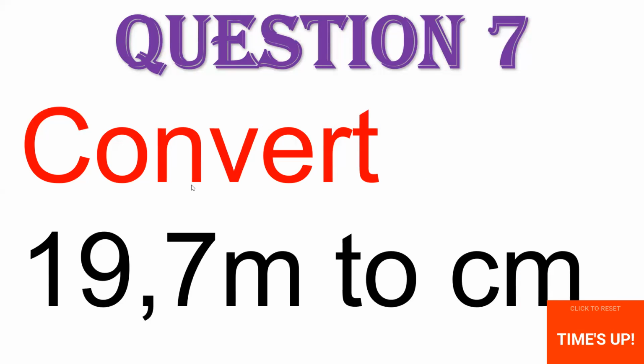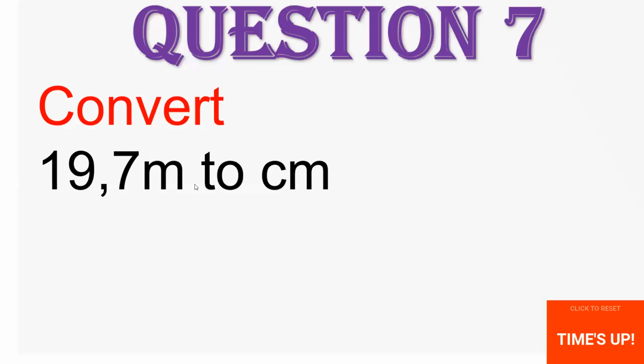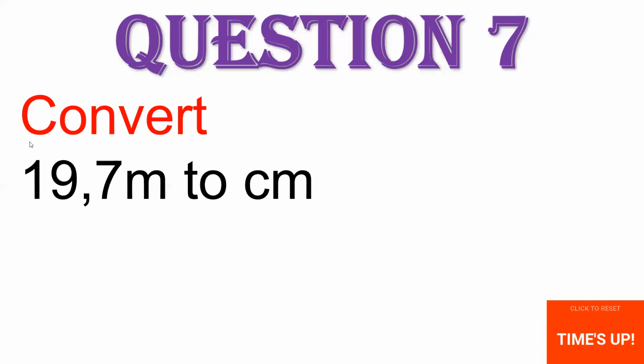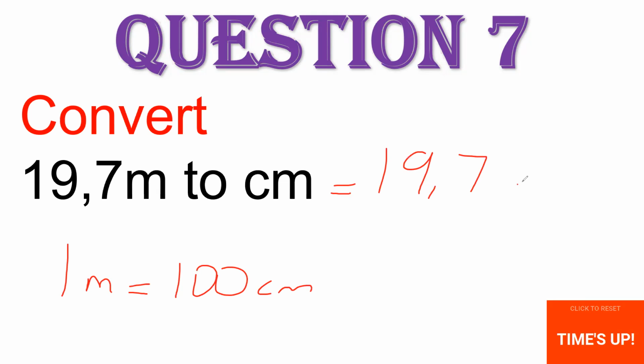Okay, let's continue. Now, how can we convert it? Times by 100, because we know 1 meter equals 100 centimeters. 19,7 times 100. You remember for multiplication with 100 or 1,000, we said the comma is moving to the right.